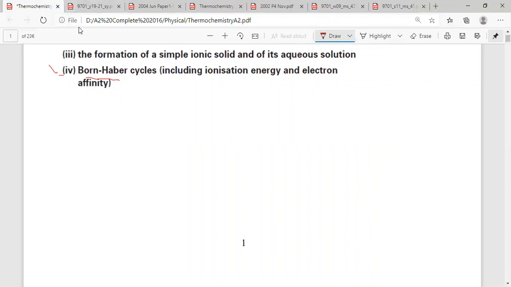Now, in AS, we concentrate on covalent compounds. In A2 you concentrate on ionic compounds.